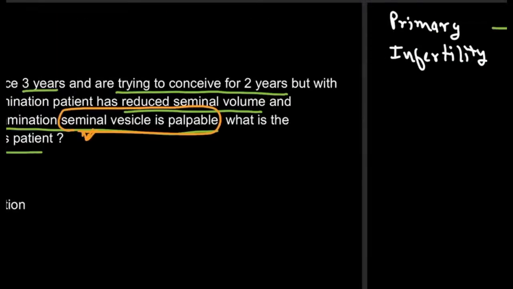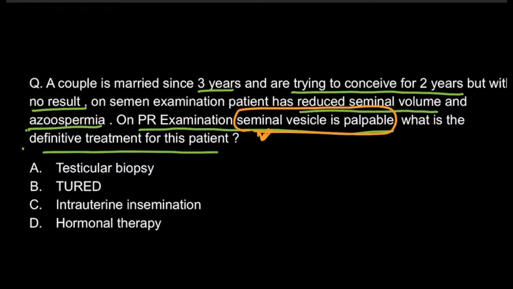So if this is the case, what is the definitive treatment? This particular question is asking what the definitive treatment is. If I deviate a bit, if the question had asked what the next step is, you would have performed a TRUS, that is a transrectal USG.